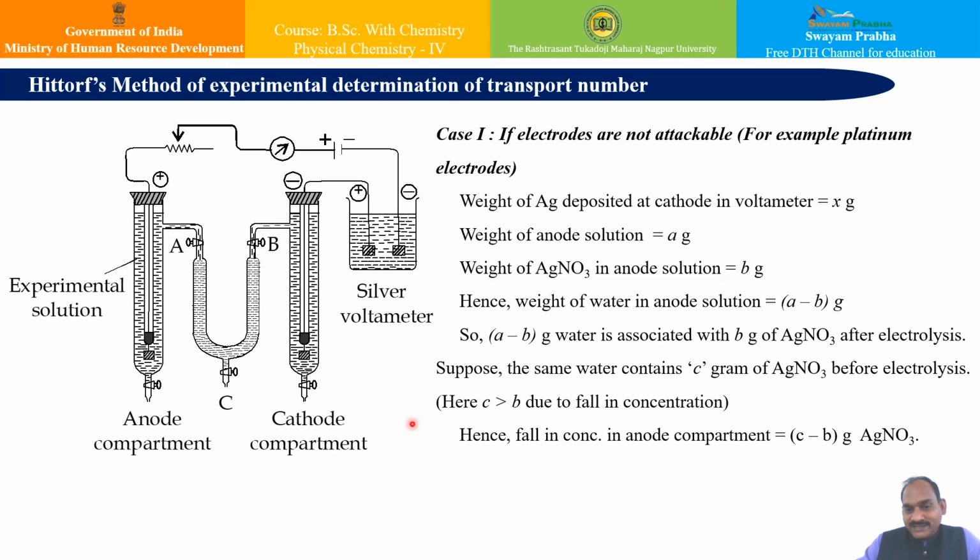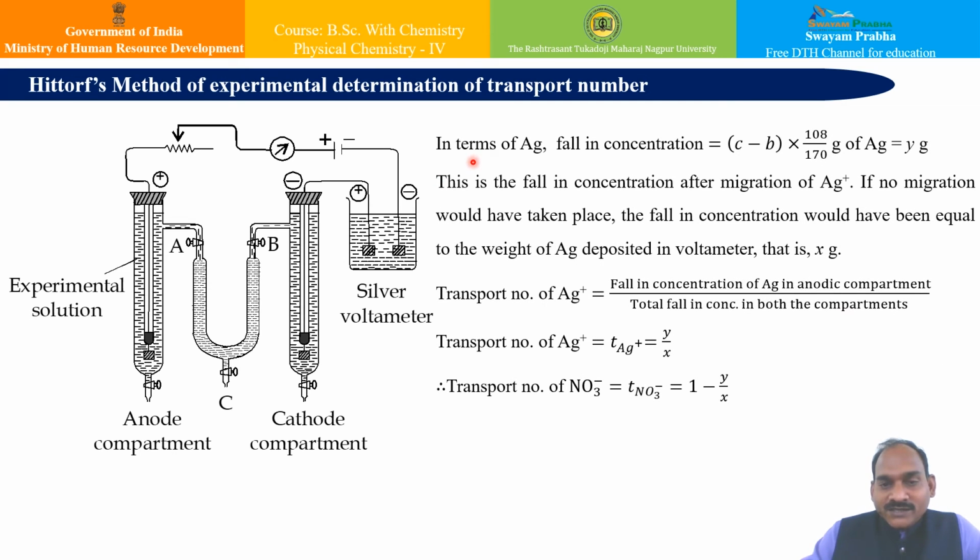Here we should consider c is always greater than b due to the fall in concentration, and therefore we can calculate the fall in concentration in the anodic compartment, that is equal to c minus b grams of silver nitrate. Correct. Next, in terms of silver, the fall in concentration will be (c minus b) into 108 upon 170 grams of silver, and let us denote it as y grams.